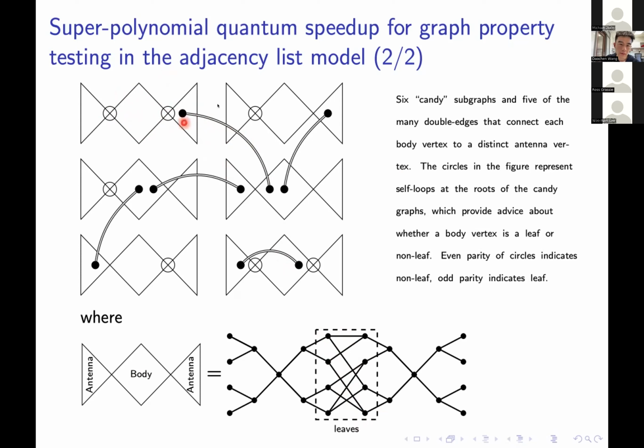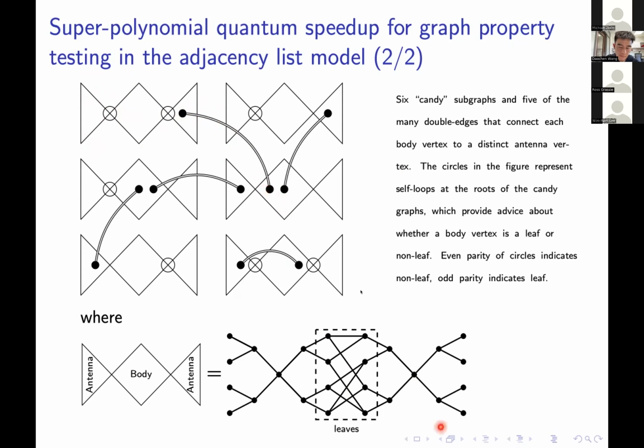So it can start from this vertex, follow this double edge to the corresponding candy graph. Then it can start from one end of the candy graph, run the quantum algorithm for the glued trees problem, go to the other side, and read whether there's an even number of loops or not, to decide whether the original vertex was a leaf or a body vertex.